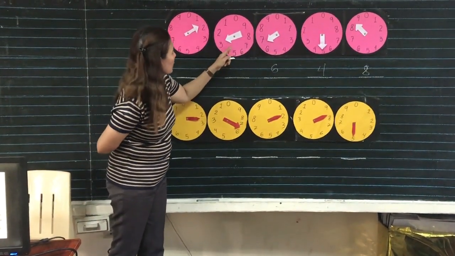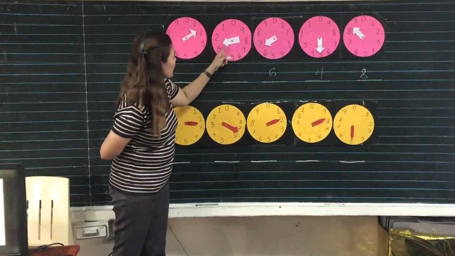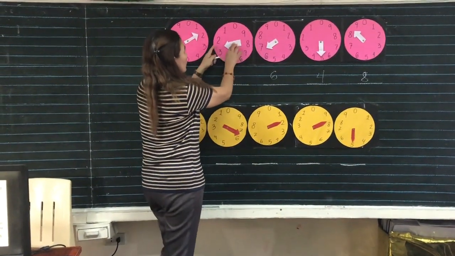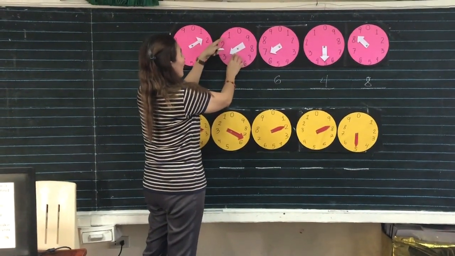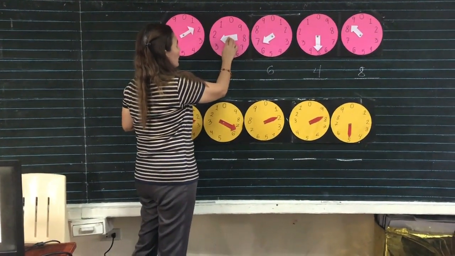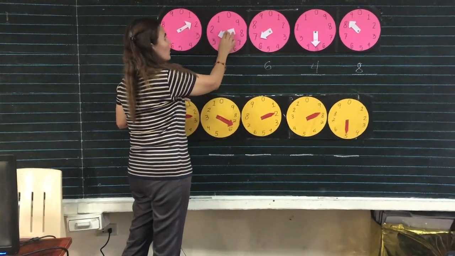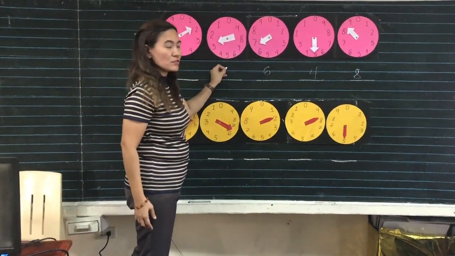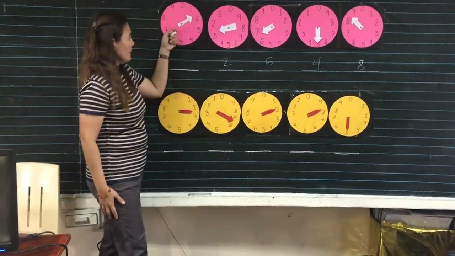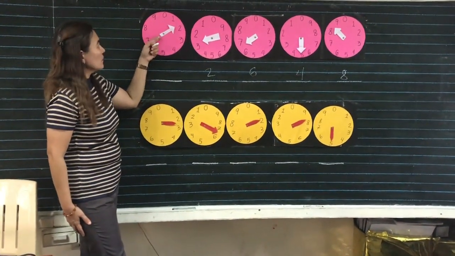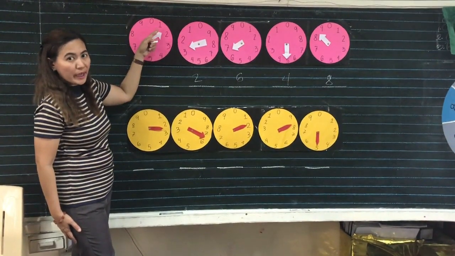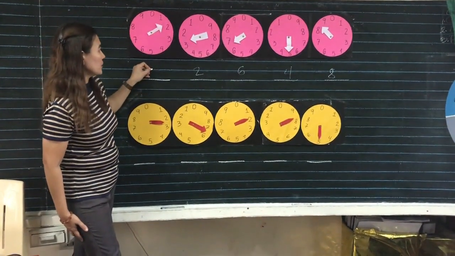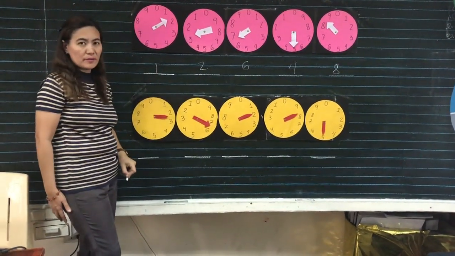This one also, the pointer is pointing between 2 and 3, and it is in a counterclockwise direction. So your record is 2. And lastly, this dial, the pointer is pointing between 1 and 2. So your record is 1.